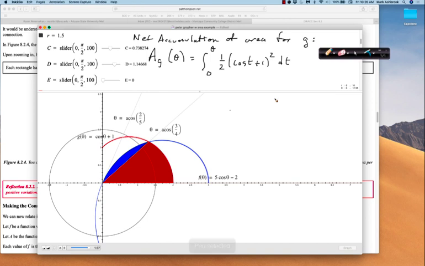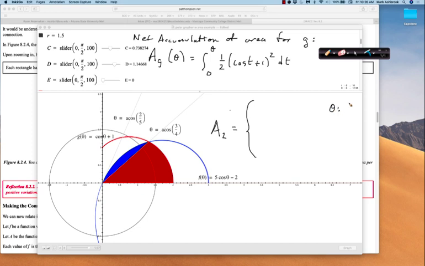Let's see it. So now we'll call this one A2. So it's a piecewise function, meaning that theta is going to take on ranges. What's the first range of theta that we were interested in? 0 to cosine inverse of 3/4.